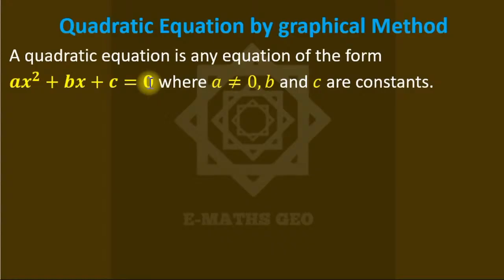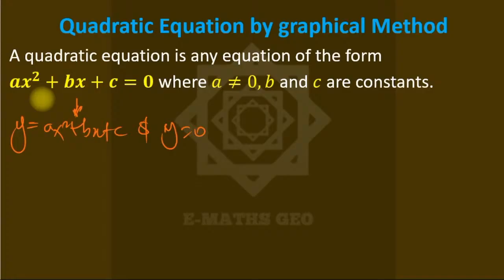So from the knowledge of what we saw, this means y equal to ax squared plus bx plus c, and y equal to 0. If you remember, this is a quadratic function.